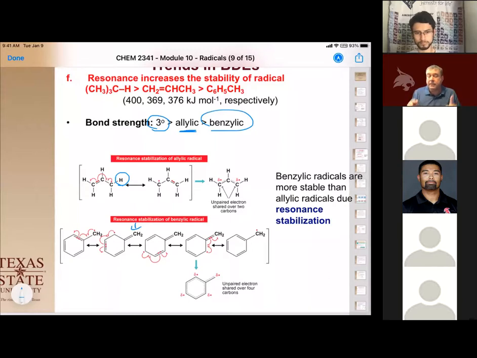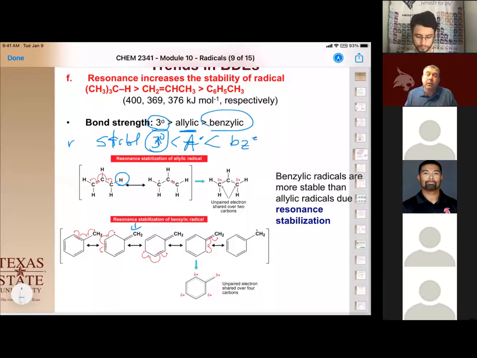So that means that if this tertiary radical is stable, the allylic one is going to be more stable because it has a weaker bond. If we look at stability, the tertiary is going to be less stable than the allylic radical, and that means the benzylic radical is going to be the most stable.